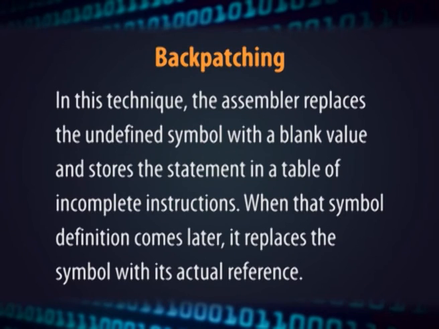In this technique, the assembler replaces the undefined symbol with a blank value and stores the statement in a table of incomplete instructions. When that symbol definition comes later, it replaces the symbol with its actual reference. A multipass organization scans the program more than once to produce the target code and simplifies the code generation task.